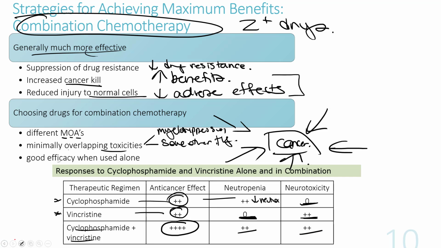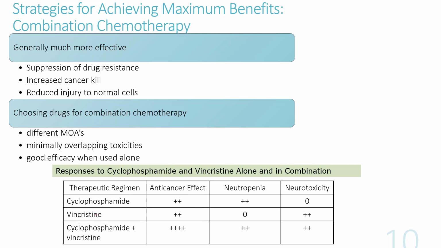So you don't want to combine, say, another drug other than cyclophosphamide that also has the same effect, that also reduces neutrophils and has no effect on neurotoxicity, because if you combine it with drug X, what happens is the anti-cancer effect is good, but neutropenia will increase, right?